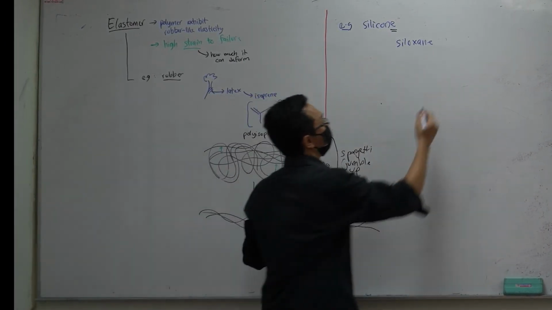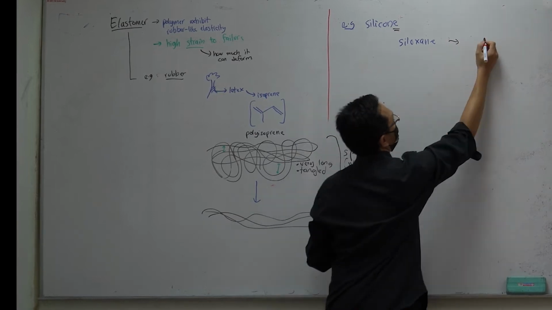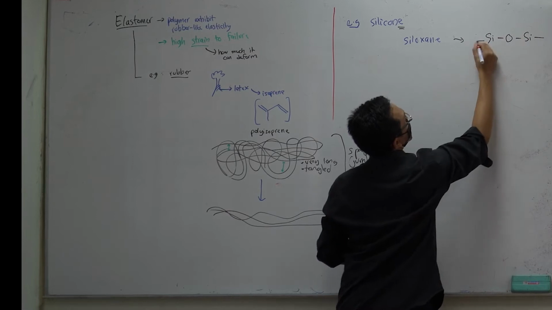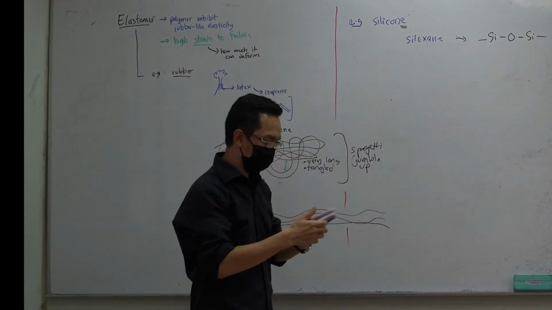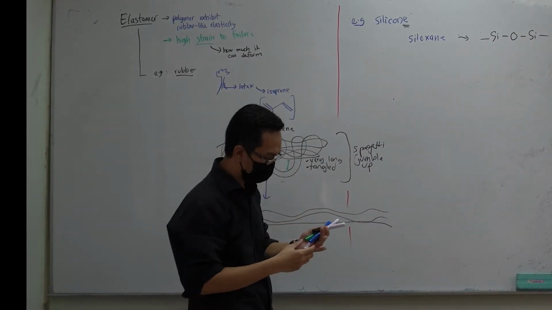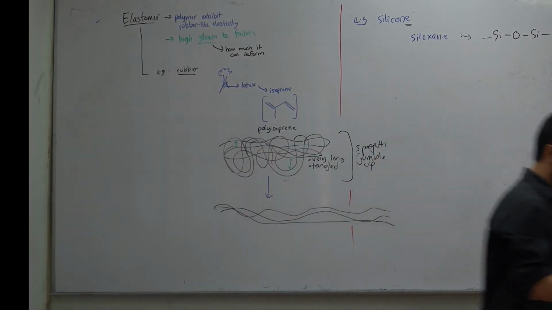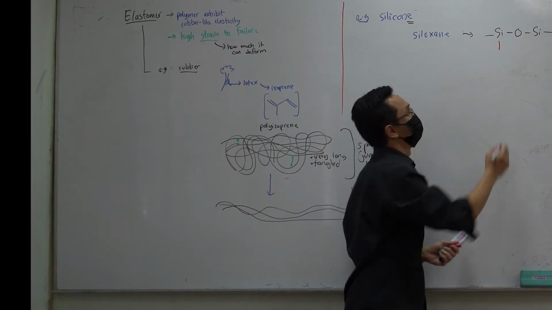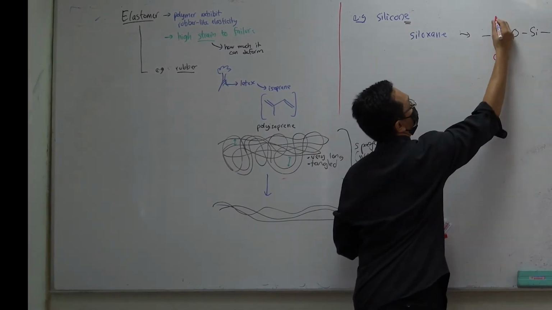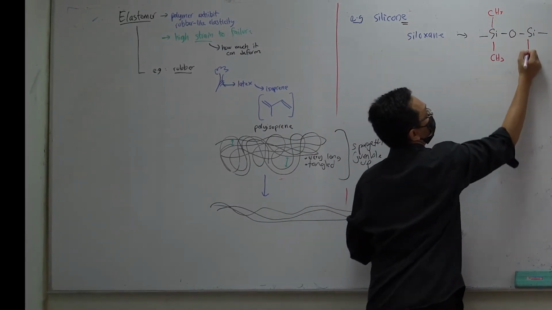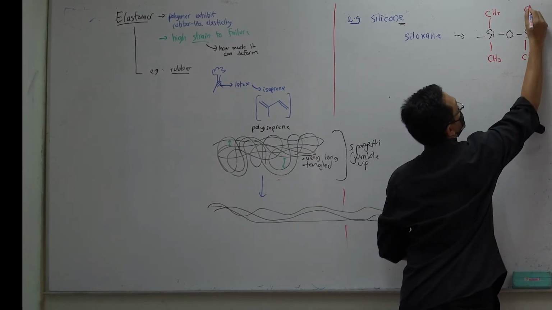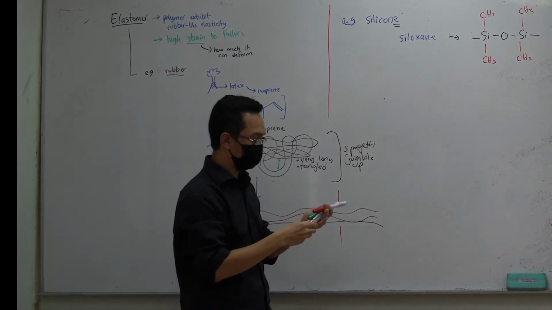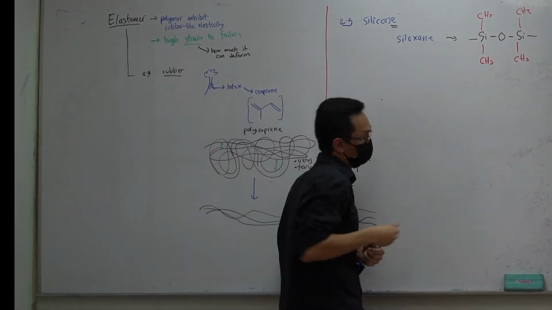It is something like this: you have a silicon, then oxygen, then silicon. And this silicon typically has an alkyl group, for example CH3, like that. So the siloxane backbone is this one.